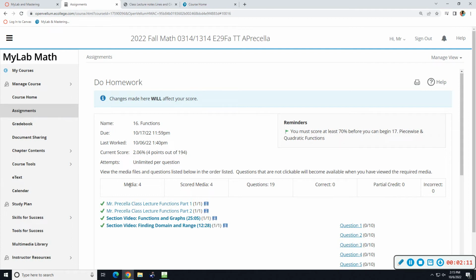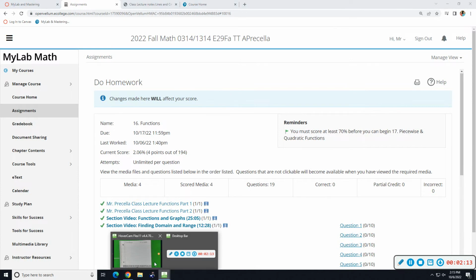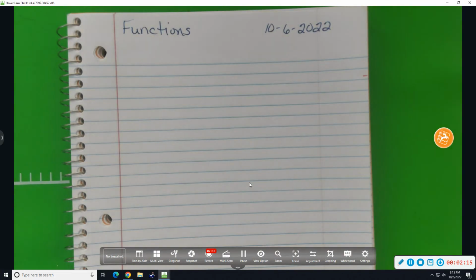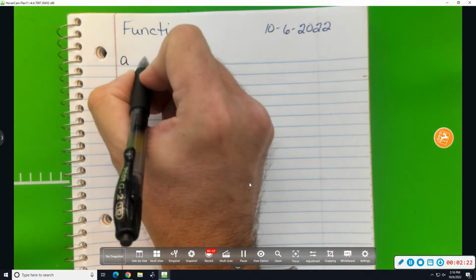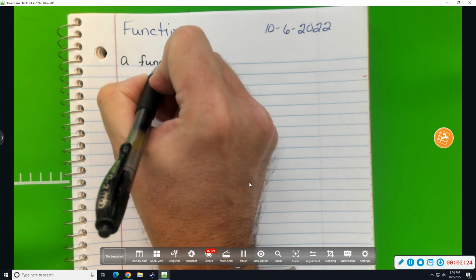Let's start off. We're looking at functions, and I'm going to define what a function is in algebra.